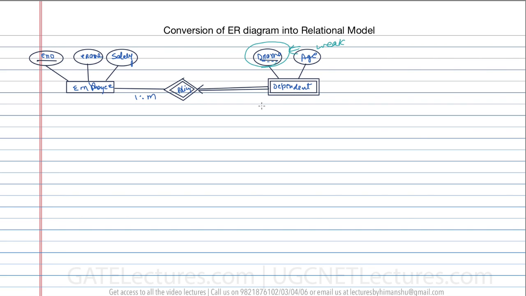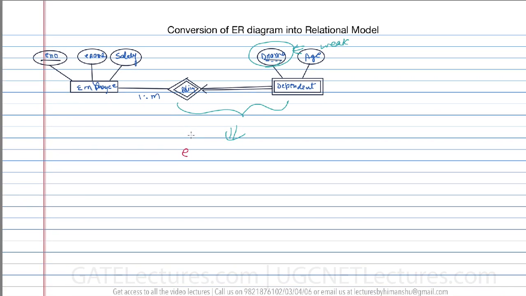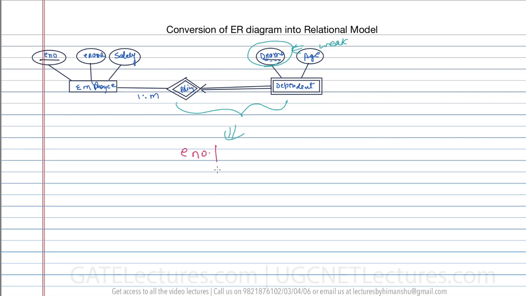So if we have a weak entity here, we can create a table for it, and the table will be containing employee number, department, dependent name, and we have age, right? So if you have a weak entity, for that weak entity you create a table, and this is the strong entity, and this is the weak entity.